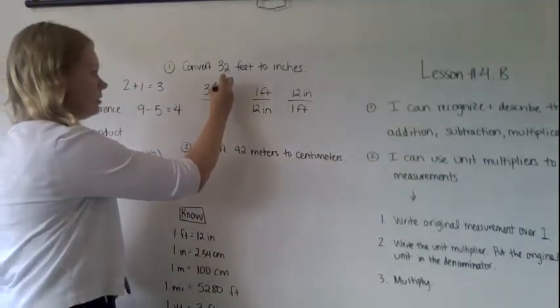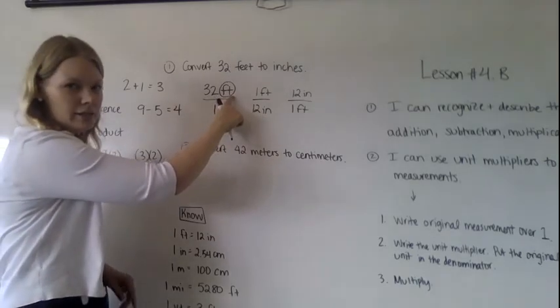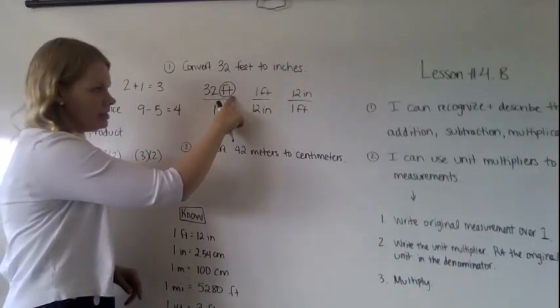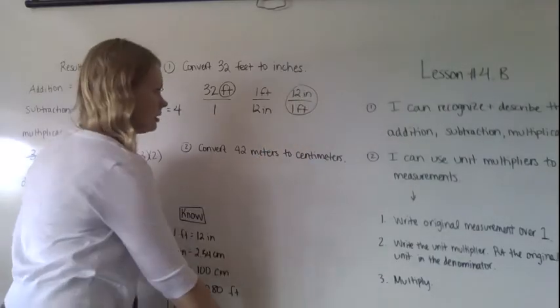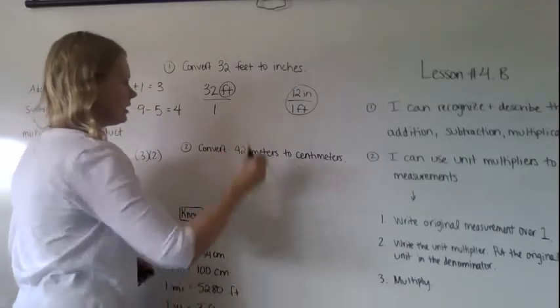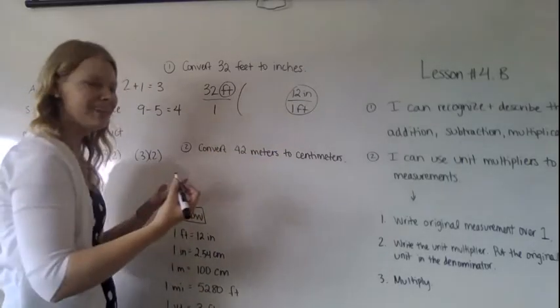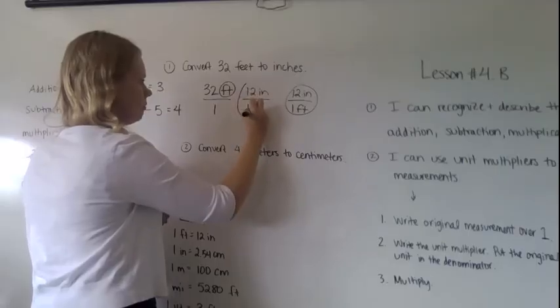Okay? So original unit, in this case, is feet, and we want to select the version of the unit multiplier that has feet in the denominator, and that would be this one, okay? I'll show you the reason for that in just a second. So I'm going to use parentheses to indicate that we're multiplying. 12 inches over 1 foot.